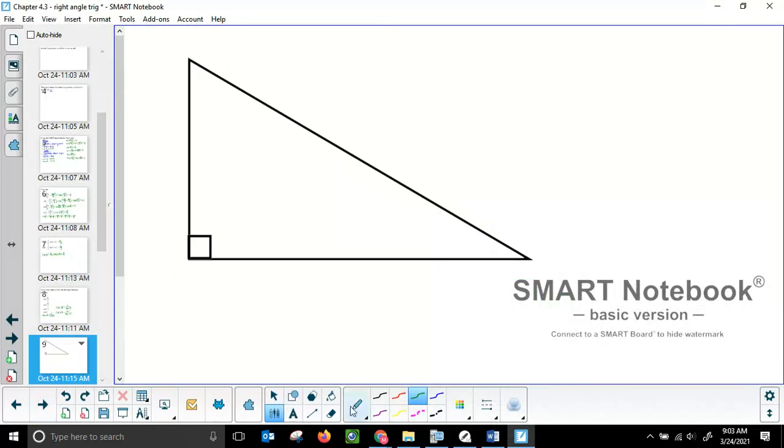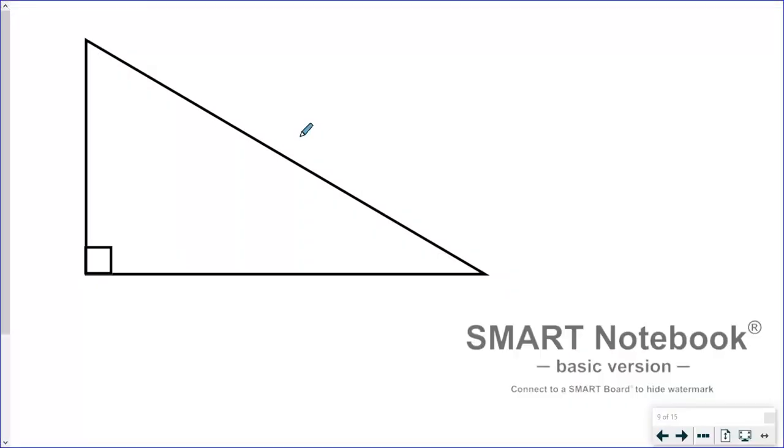Okay, so now we'll get to a little bit of review of basic right-angled trig, which you should have done in geometry. If we have some angle theta, we have to have a right triangle. It's very important that it is a right triangle. Either of the acute angles can be called theta.